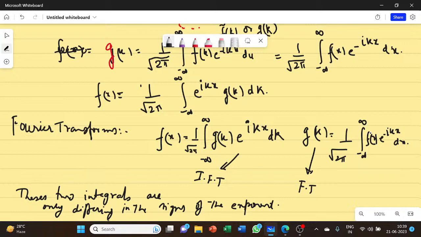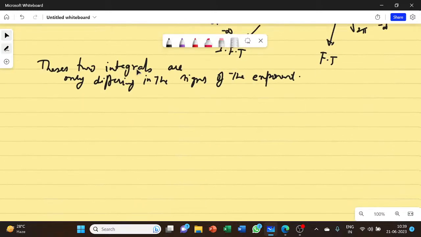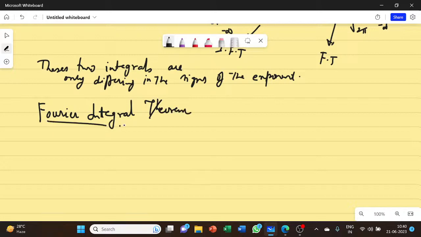This brings us to the main topic of today, which is called your Fourier integral theorem. And what does it say?